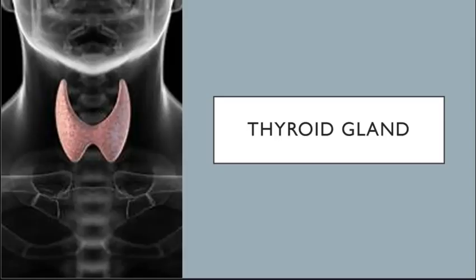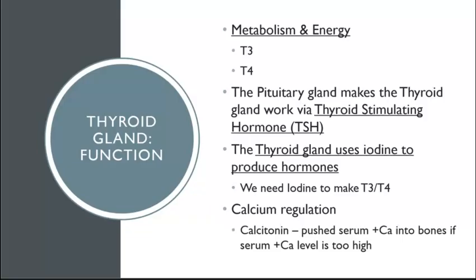All right, moving into our thyroid gland. The thyroid gland is really, really important for metabolism and energy. When you think of a hypothyroid versus a hyperthyroid, I really want to paint a picture for you.